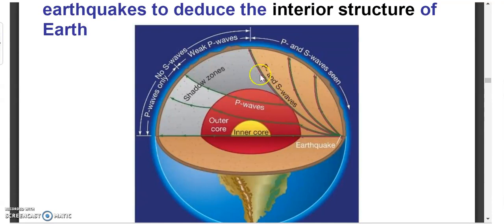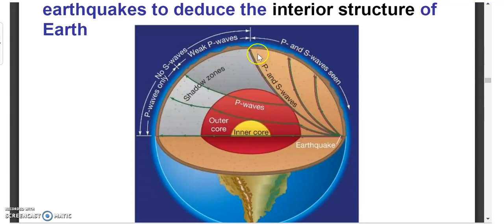Anyhow, what happens is, if on a line between where the earthquake took place and the sensor it's just solid material, like over here or over here or over here, then of course you're seeing both the S and the P waves. The other thing, by the way, is that this is vast amounts of information.